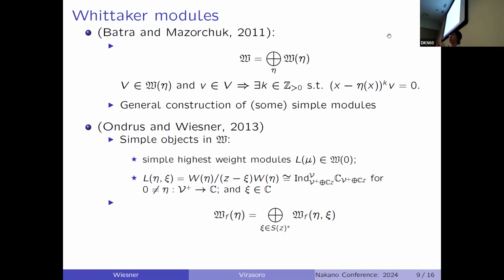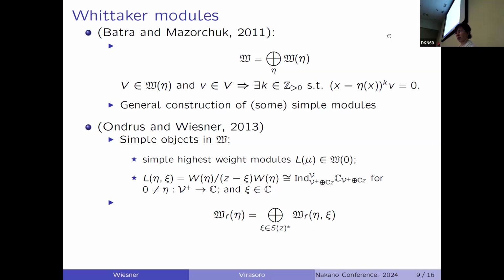And so you can decompose those blocks further into the action of Z, and then you just get basically strings of the unique simple module put together. And you can determine the composition length fairly easily from what's happening with the action of Z.